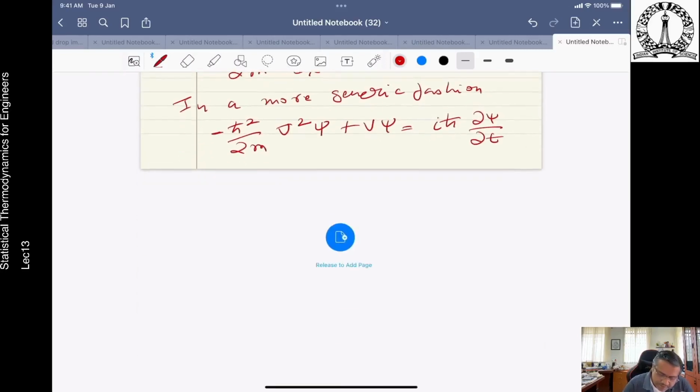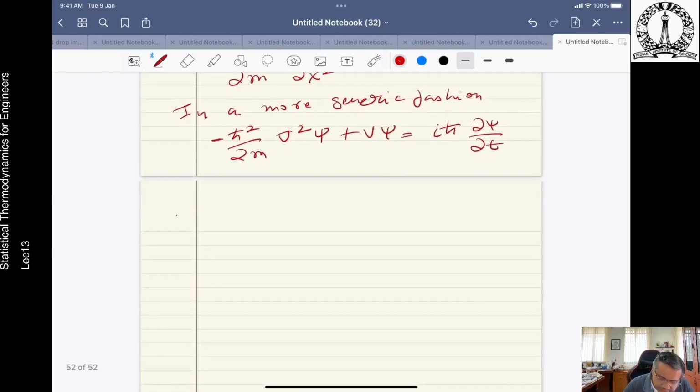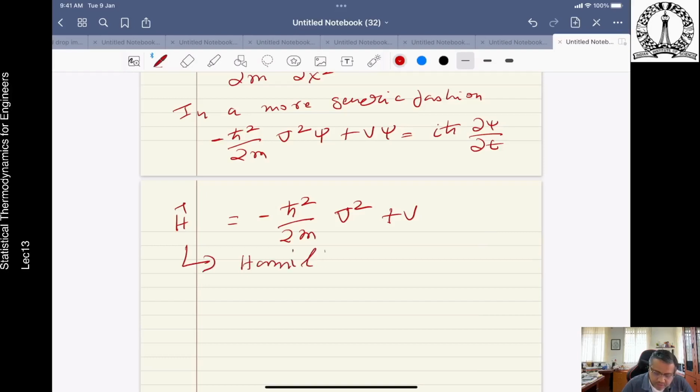Now, if we define Ĥ as −ħ²/2m times the Laplacian plus V, this particular operator is called the Hamiltonian operator.